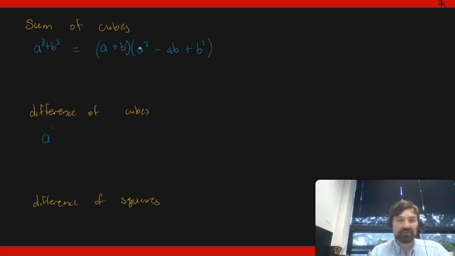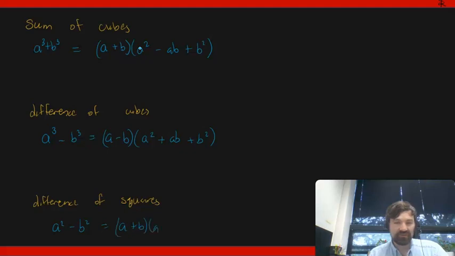For the difference of cubes, a cubed minus b cubed, you get a minus b times a squared plus ab plus b squared. And for the difference of squares, a squared minus b squared is just a plus b times a minus b.